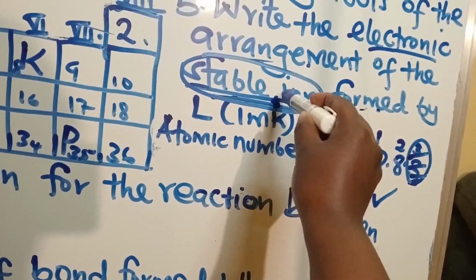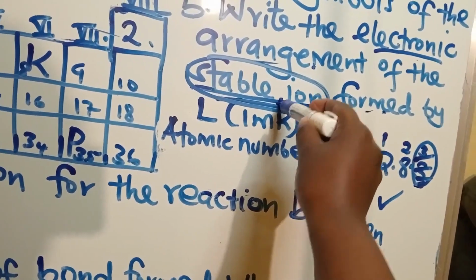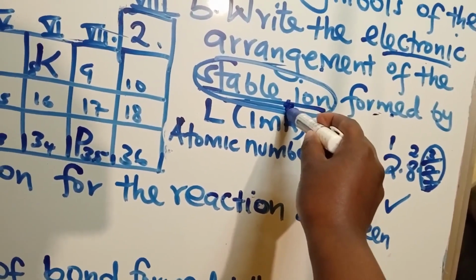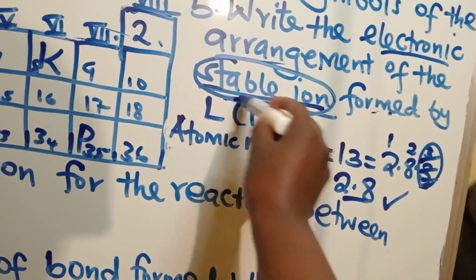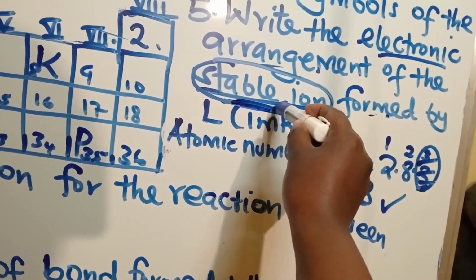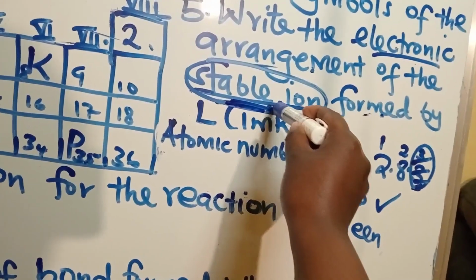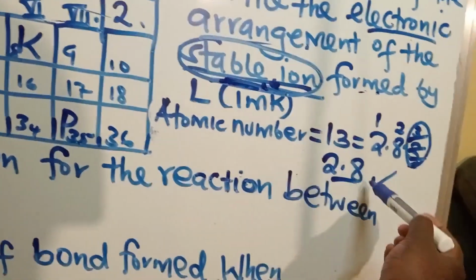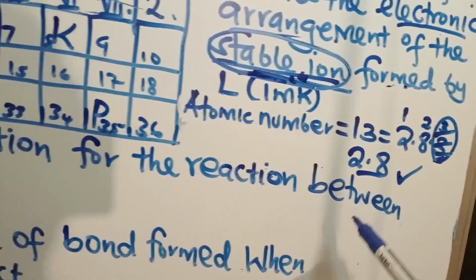Whatever was required in the question was the ionic configuration, or rather the electronic arrangement for the stable ion, meaning after L has lost the 3 electrons from the outermost energy level. So this is the answer, 2.8.